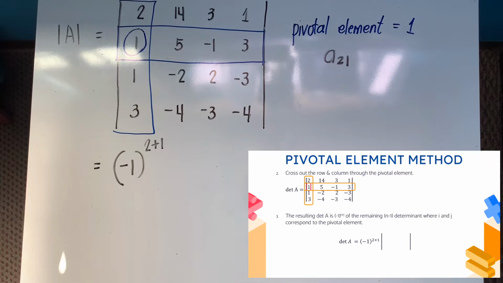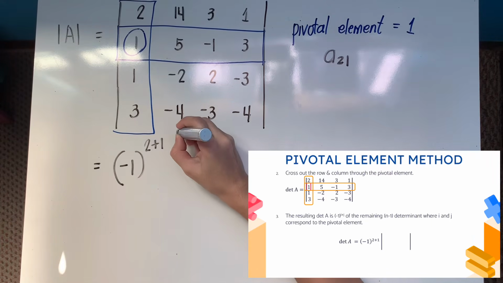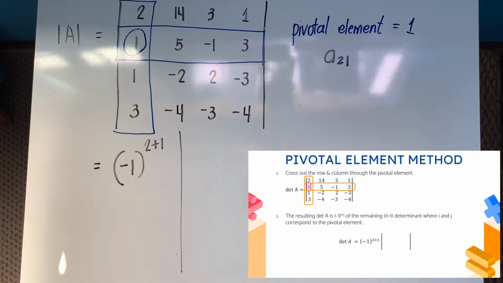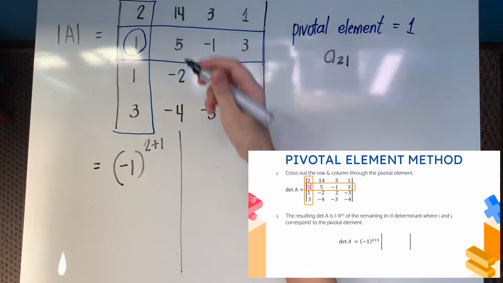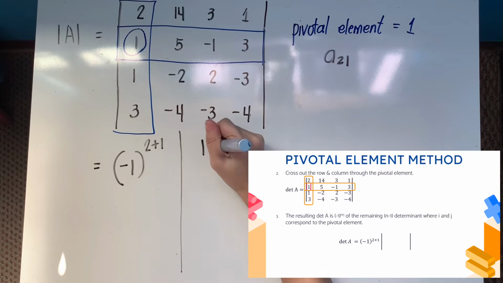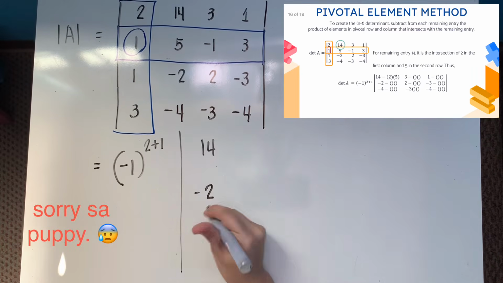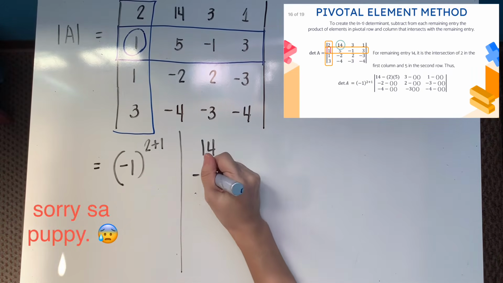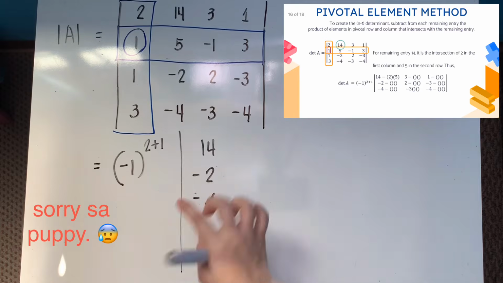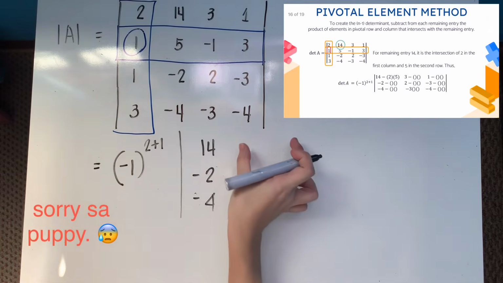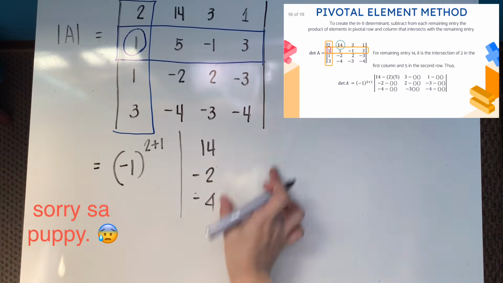Okay, multiplied by, you're going to multiply this by the determinant, by the n-1 determinant we've come up with, kasi kinross out na natin to. Sulat natin. So, we have 14, and then negative 2, and then negative 4, and then leave a space because may ilalagay tayo ditong solution.